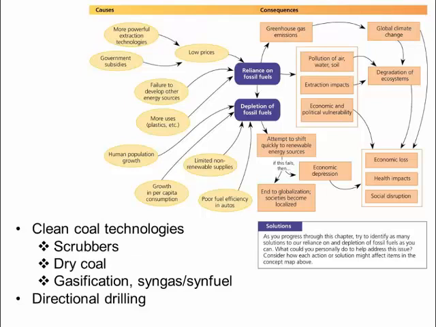Both reliance on fossil fuels and depletion of fossil fuels drive climate change and cause severe health problems. For example, burning coal high in mercury releases the heavy metal into the environment. Mercury then bioaccumulates, poisoning animals and posing a threat to humans.